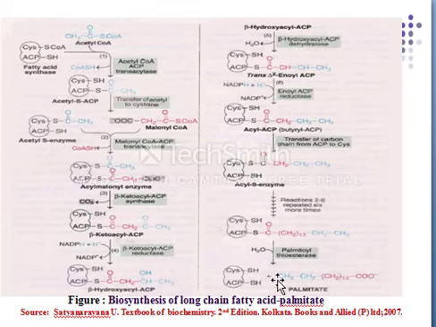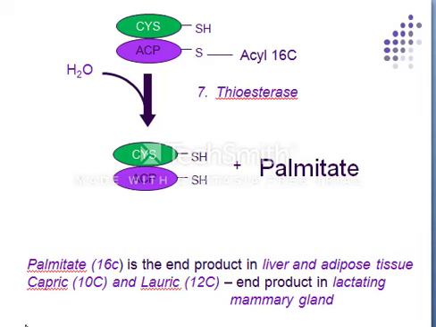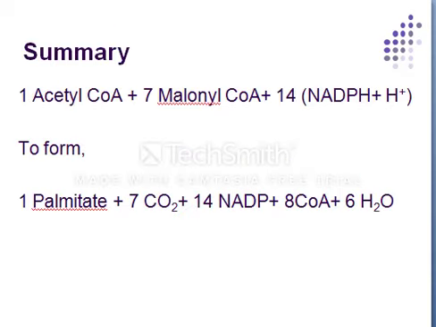So now this palmitate should be released. How should it be released from the ACP? Let's try to understand here. The enzyme palmityl thioesterase, or thioesterase, separates palmitate from fatty acid synthase. This completes the synthesis of palmitate. Let's summarize.